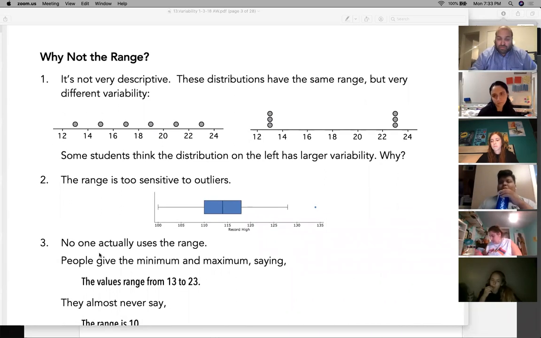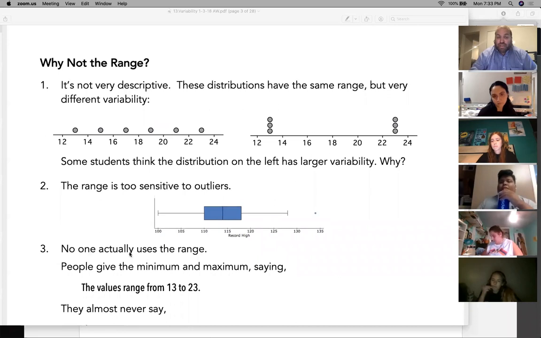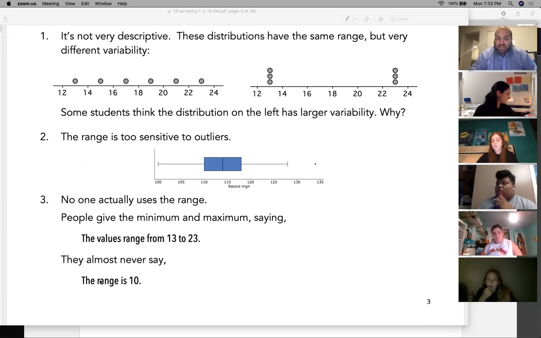We never use the range. Look at number 3: no one actually uses the range. You can give the min and max, you can say it goes from 13 to 23, but no one says the range is 10. The range is not a useful measure of variability.